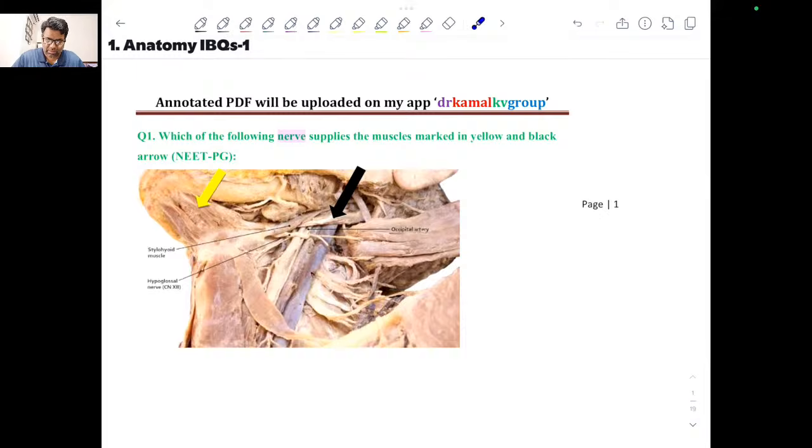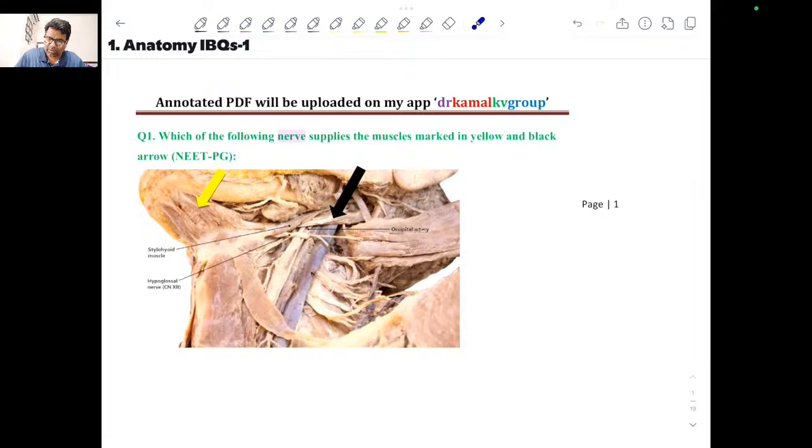So this is one muscle, and this is the other muscle. These are the two muscles, and if you look properly, it looks as if both the muscles are in continuity. So that is one clue here. One muscle is going like this, and the second muscle is going like this.